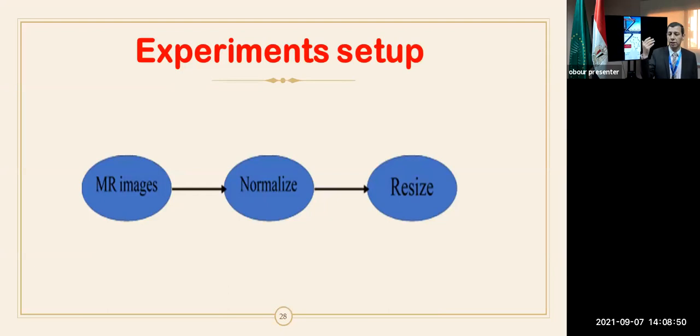The data was pre-processed using normalization and resizing.